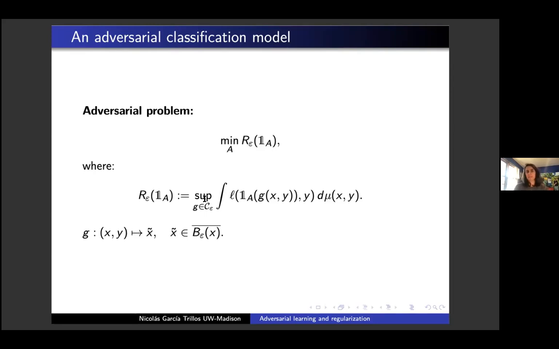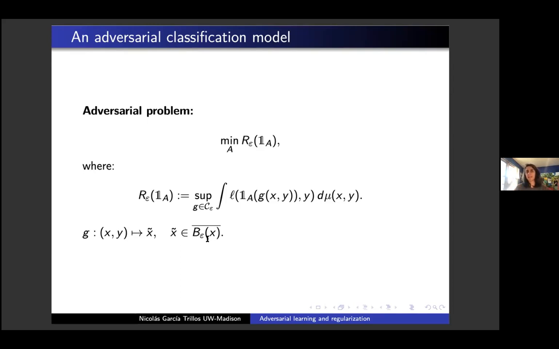And I'm going to describe what are the attacks that this adversary in this model can use. So the idea is that the adversary can take an incoming data point (X, Y), so a feature vector X in R^d and its corresponding label Y, and it can decide based on those two things to change the X vector. So change the location in R^d of the incoming X, and it can pick any point that the adversary wants, as long as this point is within distance epsilon of X. Okay, and so this is essentially what the adversary can do.